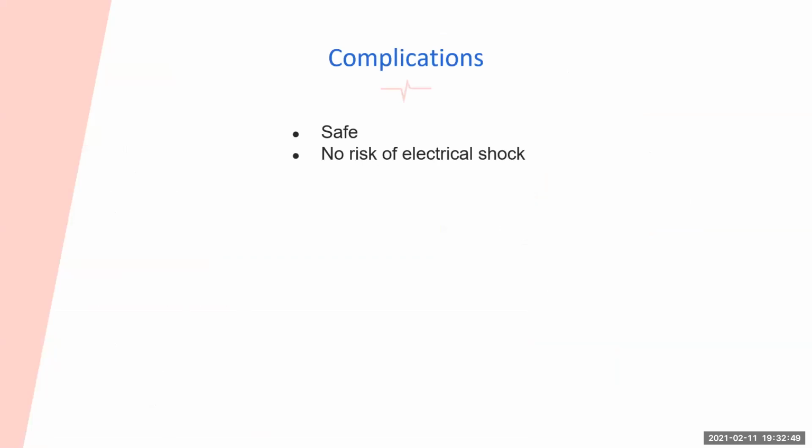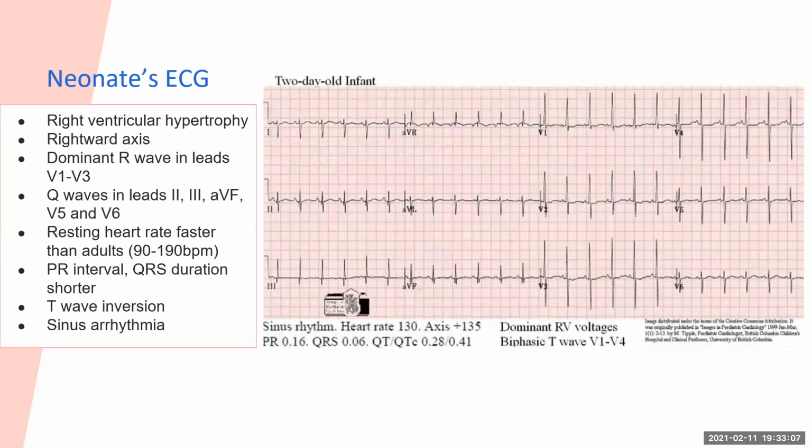Okay, so for the complications, basically ECG doesn't have specific complications and it is safe, and it doesn't have any risk of electrical shock. I have searched everywhere, but I couldn't find any specific complications of ECG. So this is just for you to know.